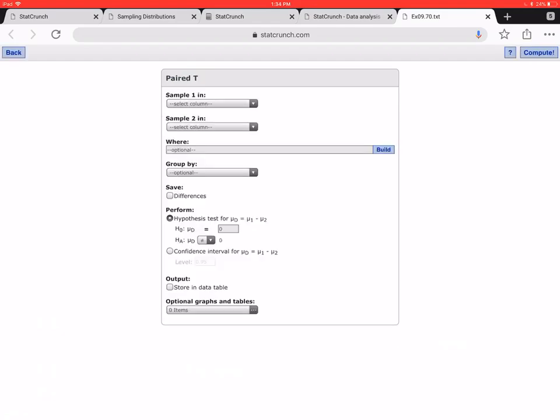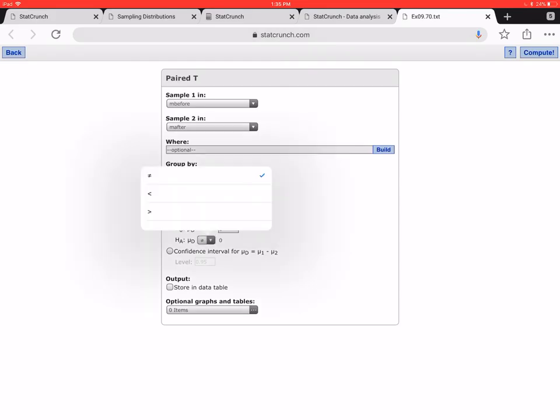So when you go under paired, you just have to be able to tell them which one's your sample 1. So our sample 1s were before and sample 2 was after. And then I just need to make sure my hypothesis test looks right. So again, you're going to see that difference score there. So my null was that they would be the same. So that would be that if I subtracted them, I would get 0.